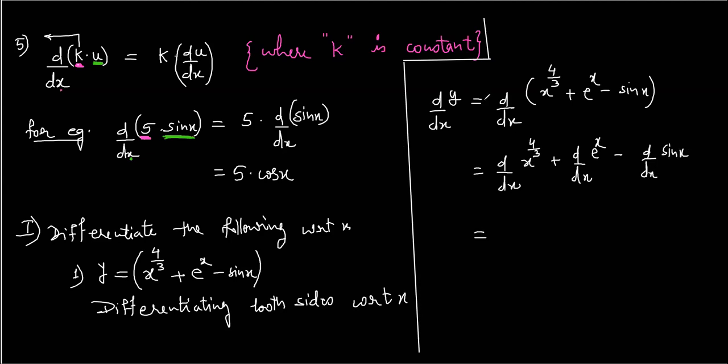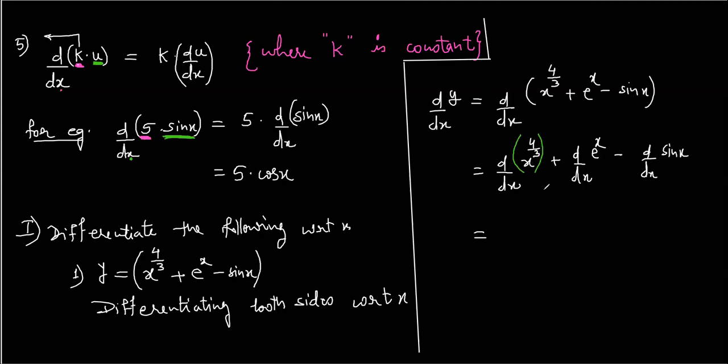Okay, now the next thing you do is you have d by dx of x raised to 4 by 3. So you recall and recognize what kind of function this is. You have to name the function before you actually apply the result. This is mandatory. You have to make a habit of doing this.